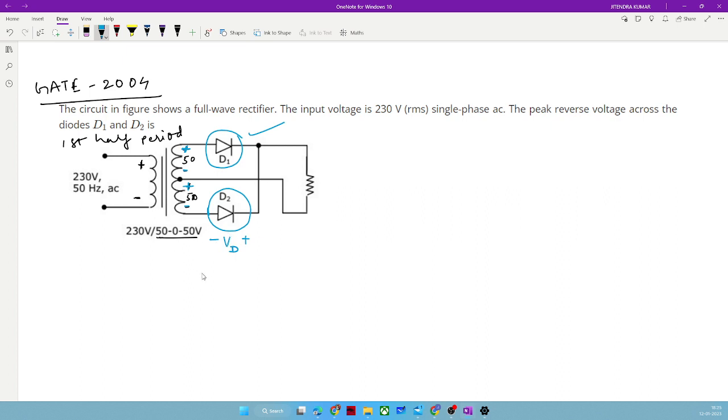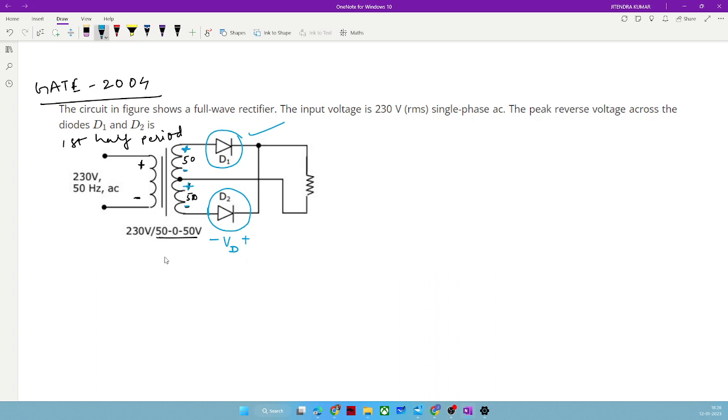Why so? If I write it like this, it means it has positive voltage, and for an ideal diode, if it conducts, the voltage across the diode will be zero. Generally, for theory purposes, we assume everything ideal, and hence I denoted it as minus VD.